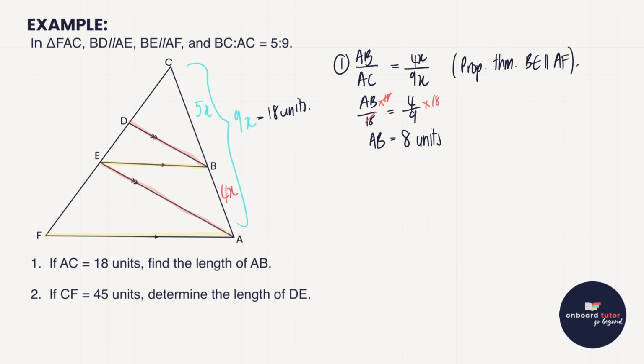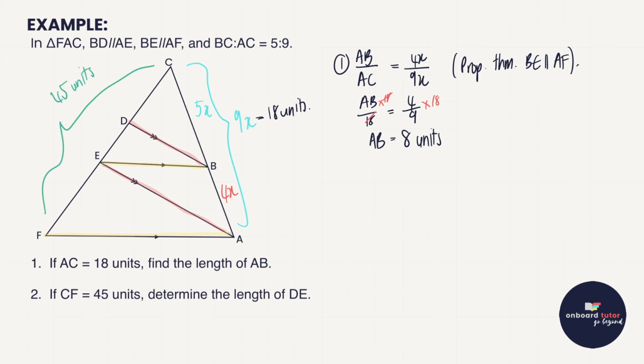Now question 2, if CF is equal to 45 units, so CF, the whole thing here, 45 units, determine the length of DE. Okay, now what's great is that I feel like I have so many options because of these red parallel lines. I can say, well, this one would be 5 and this one would be 4, or 5 to 4 in terms of proportionality.